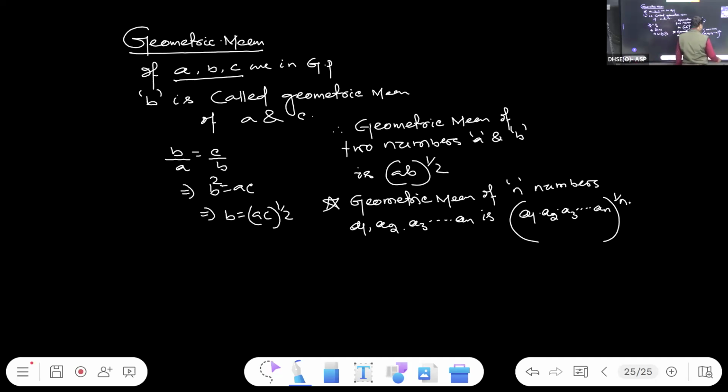Then come to n geometric means between two given numbers.